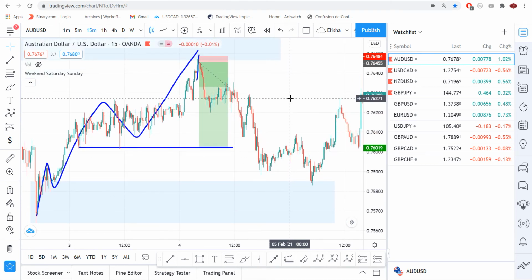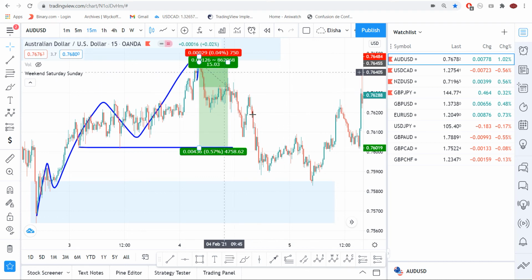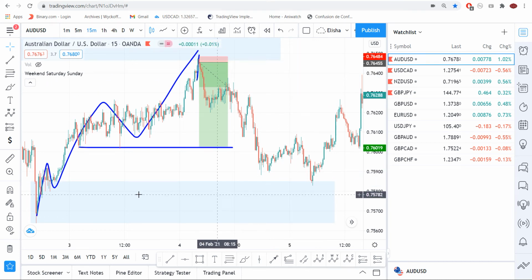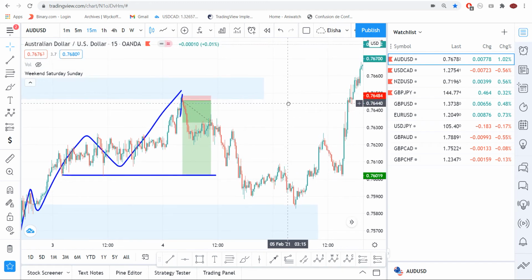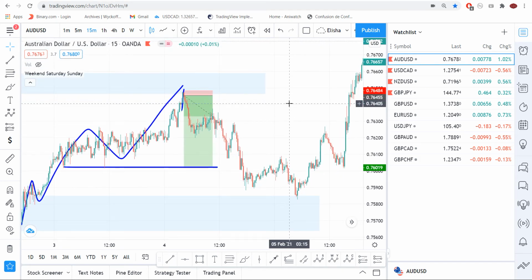So what we have here is an order block, and we set a price alert such that when price gets here, we determine whether we enter the trade, and two, whether our target will be conservative or aggressive.